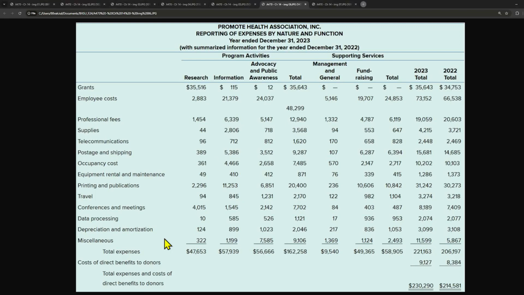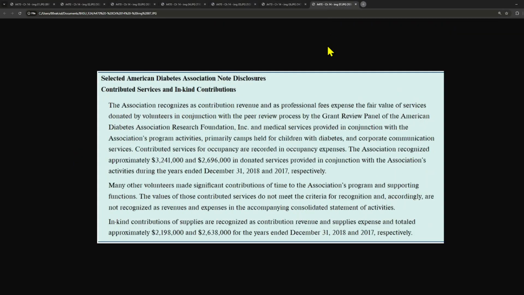And so we've got an example of that on this next thing. This is taken from the textbook again, the American Diabetes Association. And it says here, we recognize contribution revenue as professional fees, fair value of services donated by volunteers with a peer review process. Okay. So here we're talking about medical services.